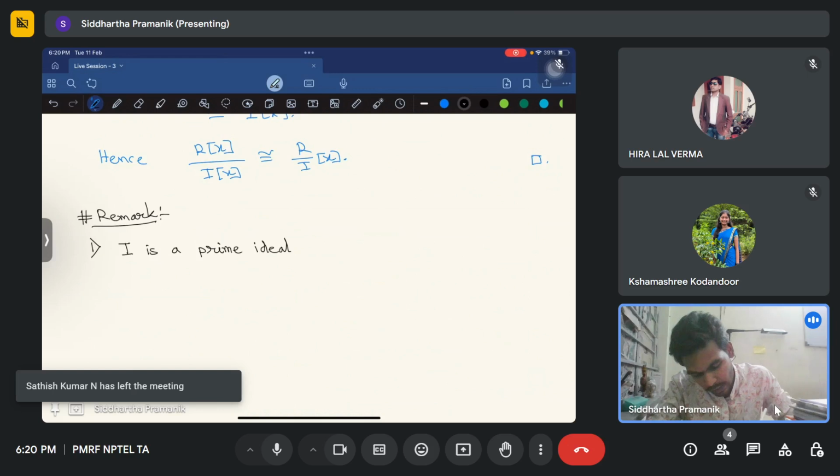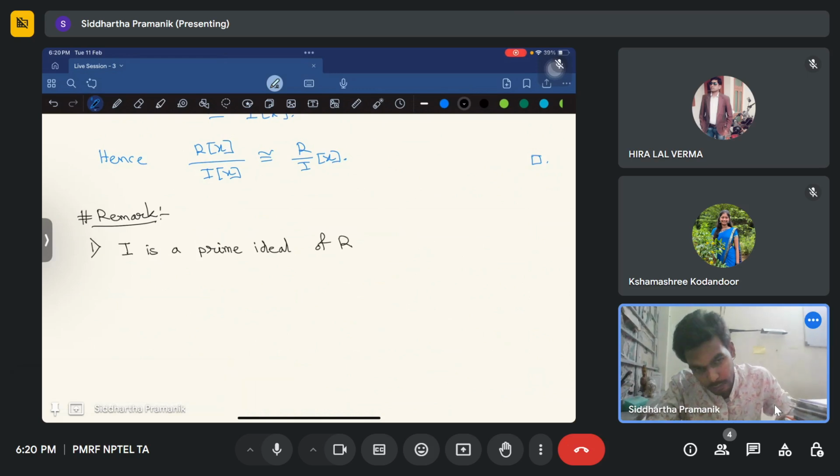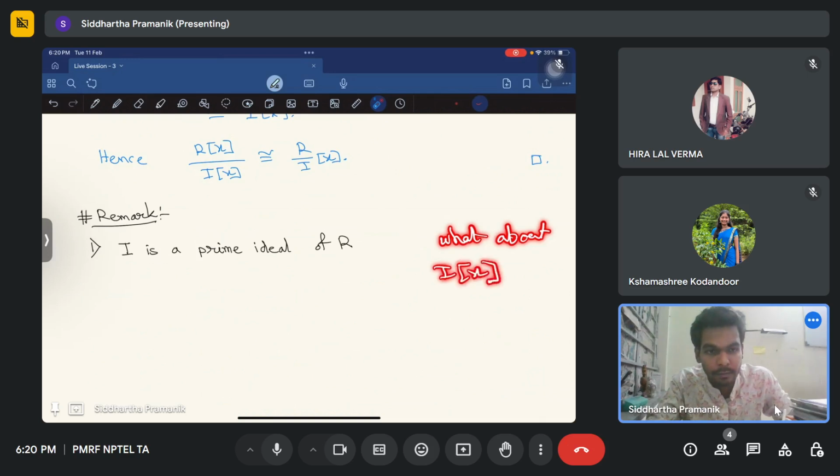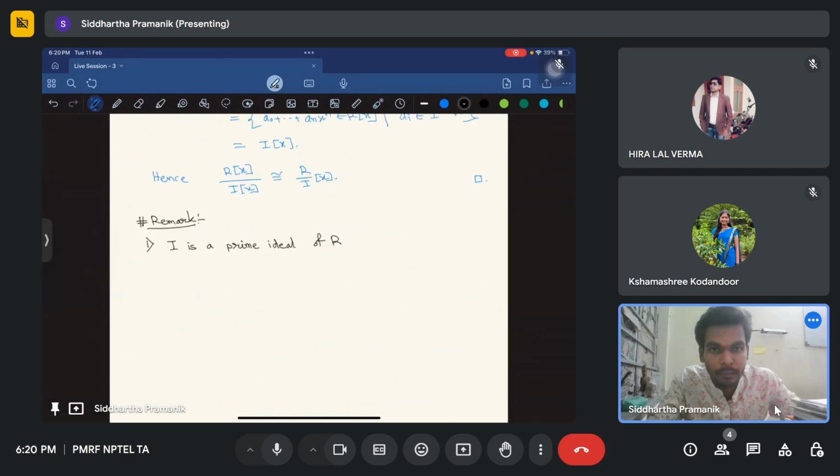So if I is a prime ideal of R, what about I[x]? Is it a prime ideal? Any guesses?